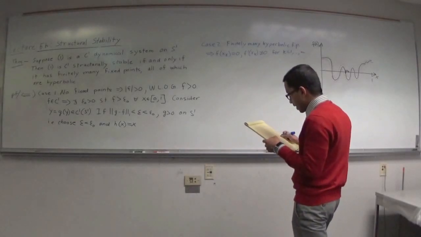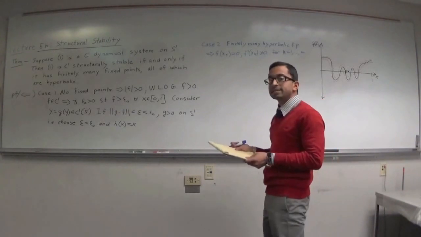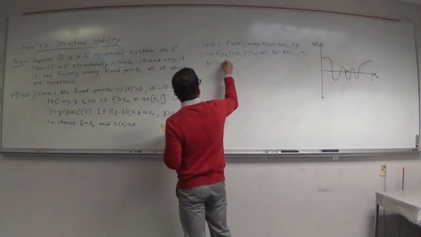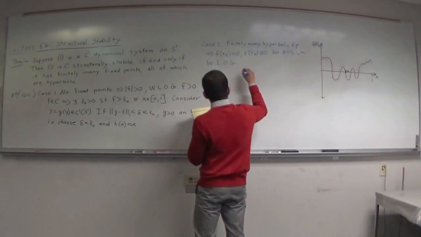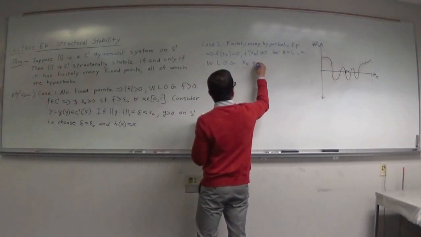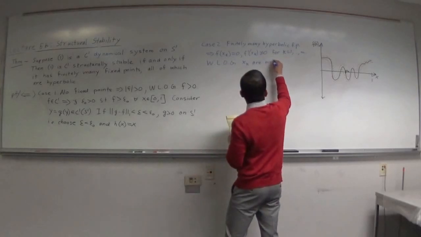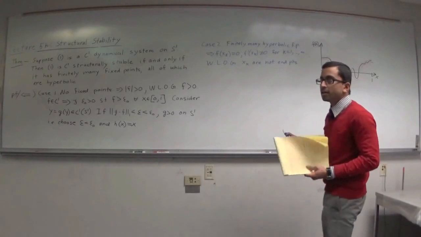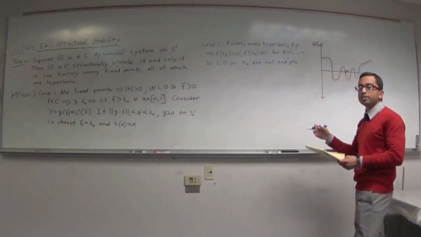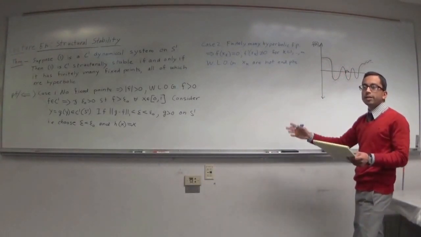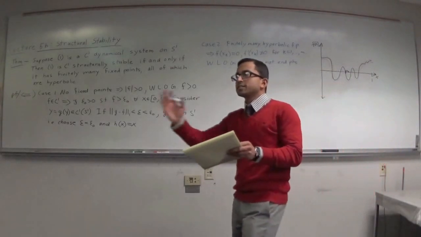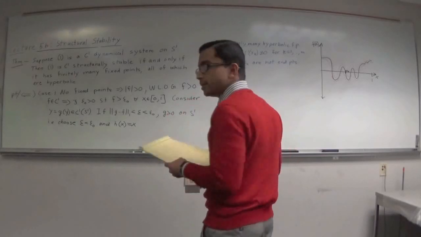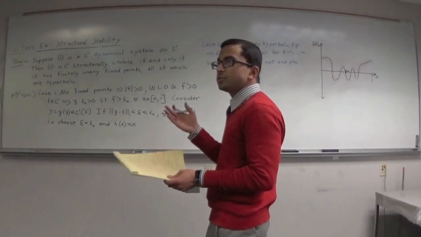And without loss of generality, assume the x_k are not endpoints. We can assume this because if one is an endpoint, then we can just translate it away from the endpoint. That's a very easy translation.